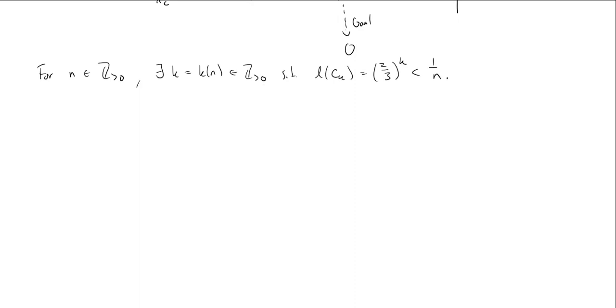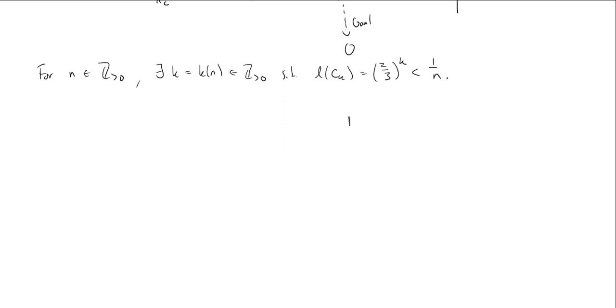Now I want to compute an upper sum for the indicator function on C_k. So let's talk about what's going to happen if I do that. Well, I need a partition, and I'm going to think about the most naive partition I could write down.